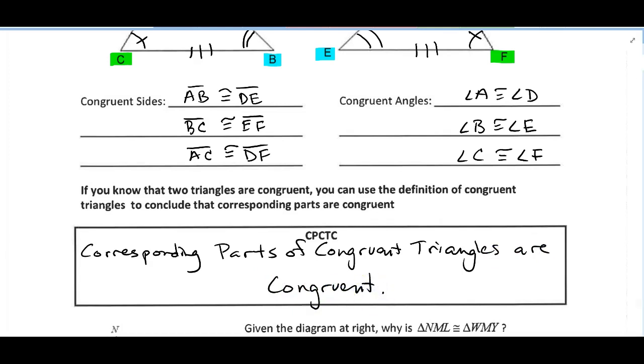Okay, so notice we take the first letter of each word. Corresponding parts of congruent triangles are congruent. CPCTC. Make sure you remember what CPCTC stands for. That's very important.